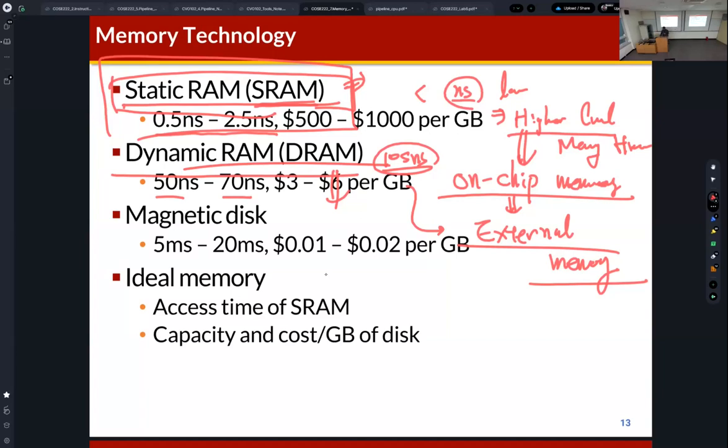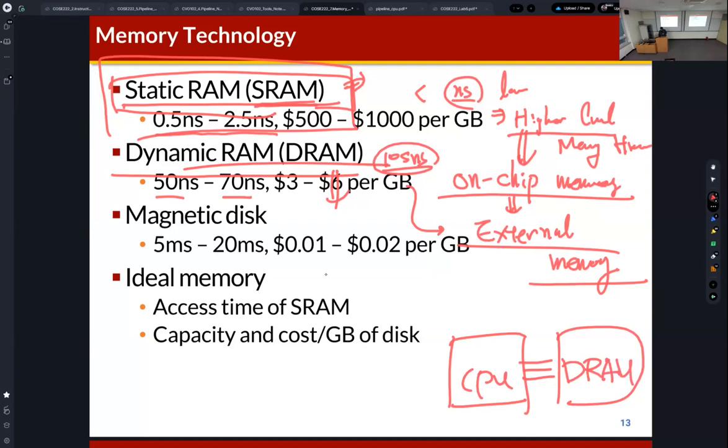Since the DRAM is external memory, the CPU is connected to the DRAM via PCB wires. If the channel is implemented outside of a chip, then it's slow and it's expensive.